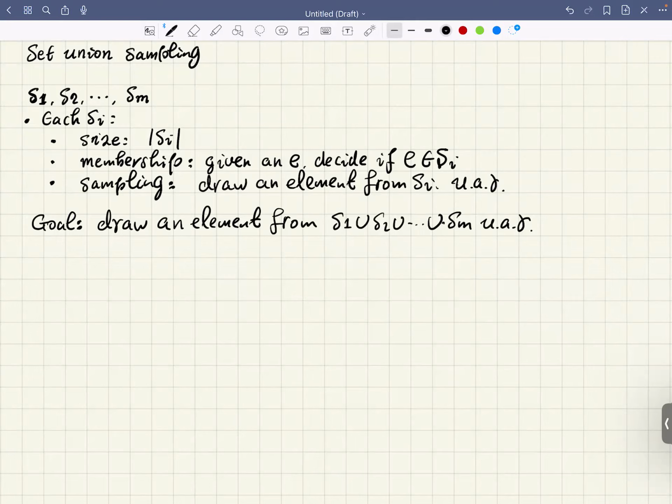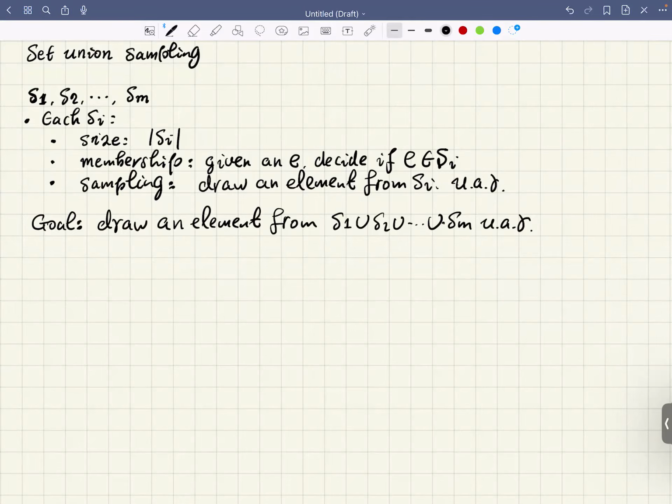Then you are essentially giving that element a very, very unfair share, because that element has M occurrences versus just one occurrence for every other element. So that would not be a uniform sample. See what I'm saying?